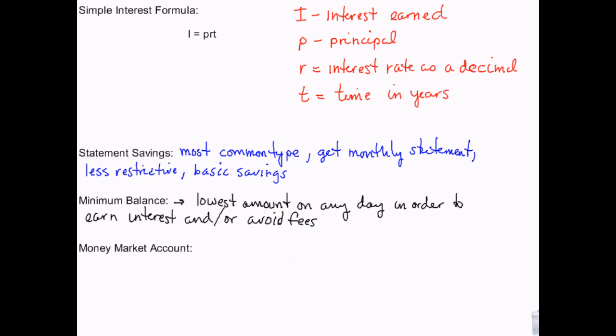A money market account is another kind of savings account. They pay higher interest, and they usually have a higher minimum balance and initial deposit.